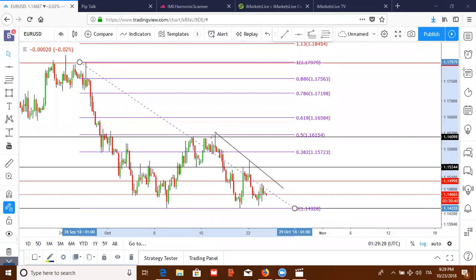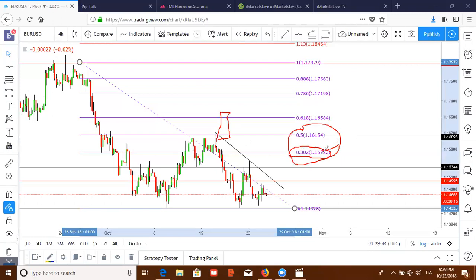Also when you trade this, whenever price hits the 50% or the 38.2, you could be looking for a potential Cypher pattern, because remember, a Cypher pattern is valid as long as price doesn't break above and close the 61.8.